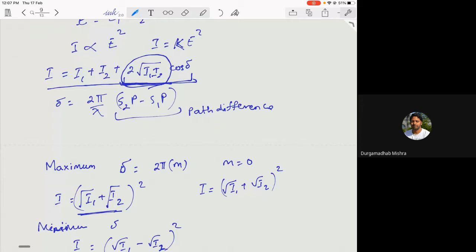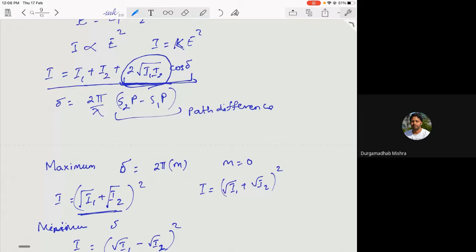So when you add the intensity for incoherent light, the incoherent sum is different, and this again comes from the superposition principle. So we are not adding the intensity, actually we are adding the electric field.